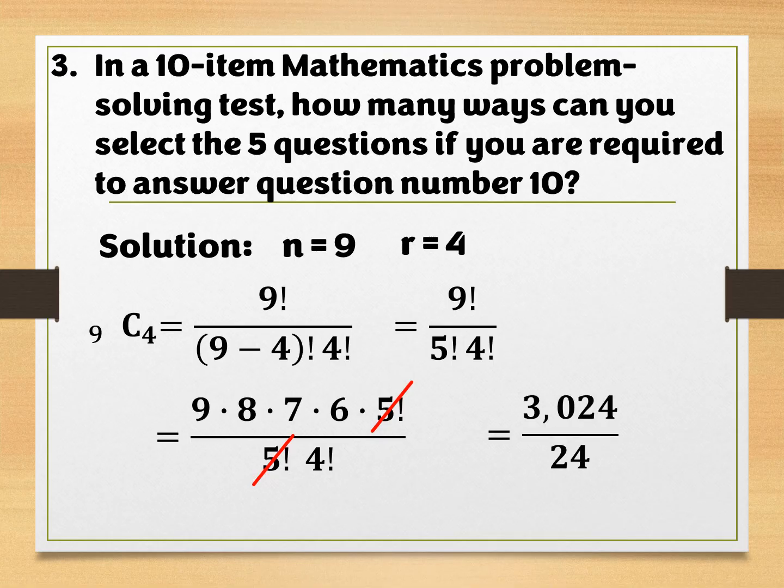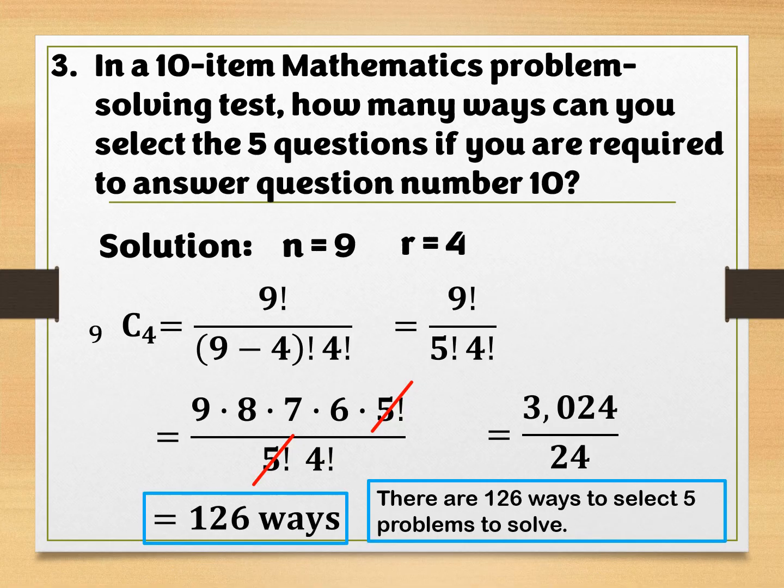So that is 3024 divided by 24. And the answer is 126. So therefore, the number of combination of 9 objects taken 4 at a time is 126 ways.